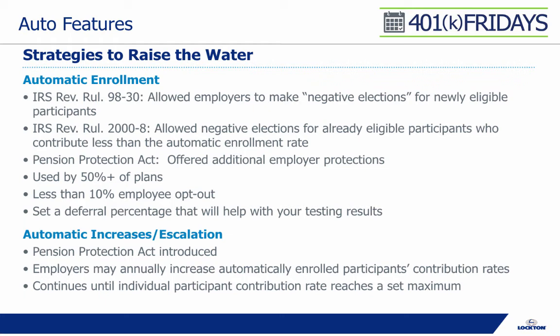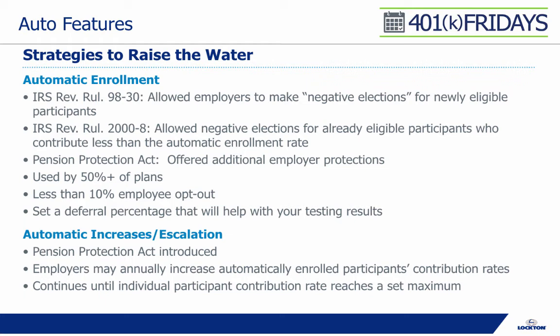So if you look at your plan participation rate and you're looking for ways that you can quickly increase contributions and participation in your plan, automatic enrollment is a great tool, as again, what we've seen is the opt-out rate is very, very low.